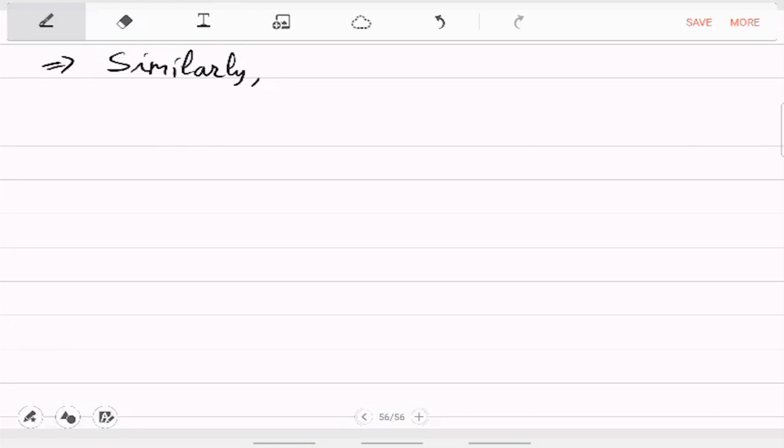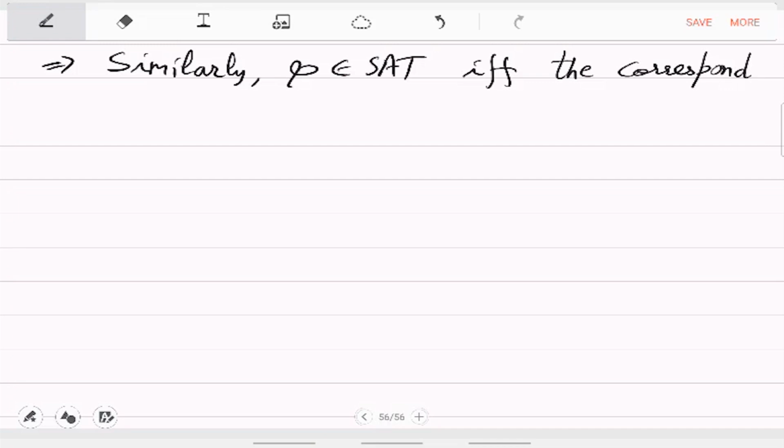So similarly, phi is in SAT if and only if the corresponding quadratic system has a root.